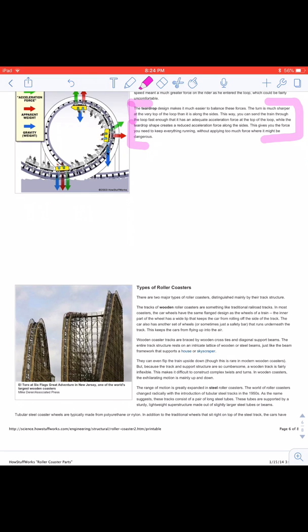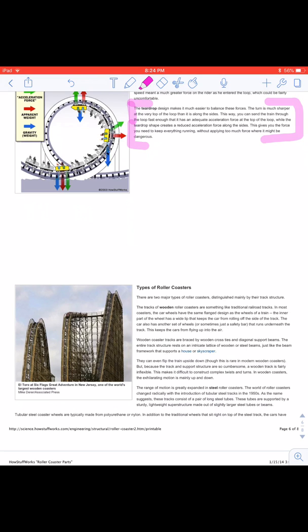The range of motion is greatly expanded in steel roller coasters. The world of roller coasters changed radically with the introduction of tubular steel tracks in the 1950s. As the name suggests, these tracks consist of a pair of long steel tubes. These tubes are supported by a sturdy, lightweight superstructure made out of slightly larger steel tubes or beams.